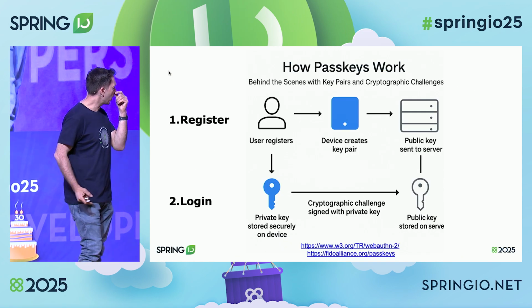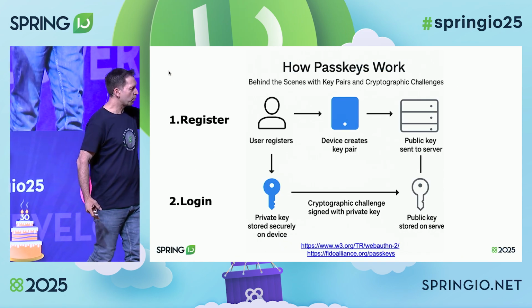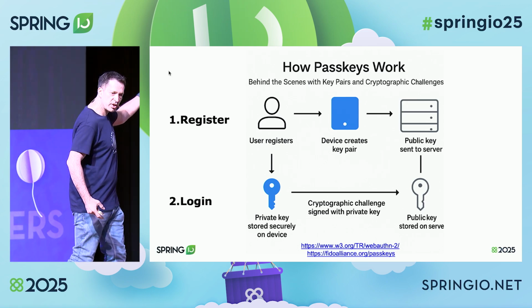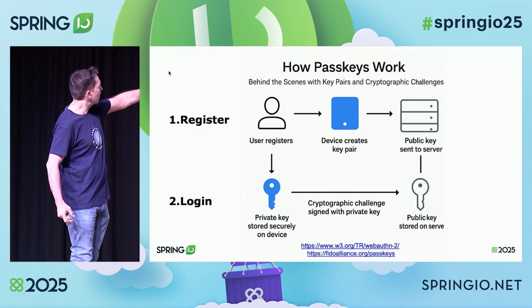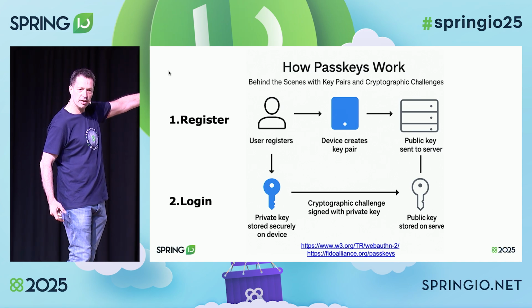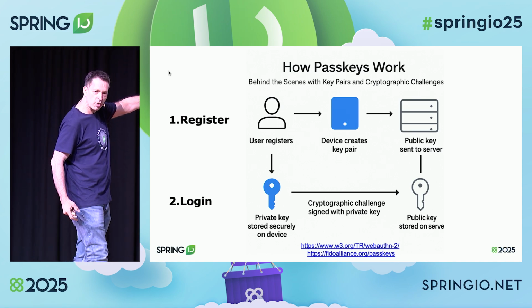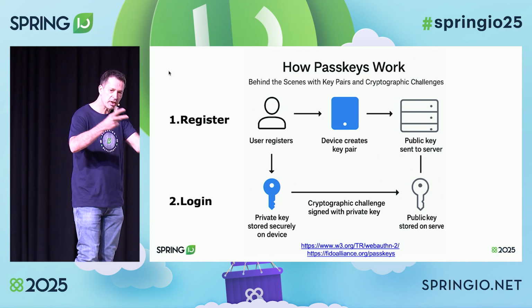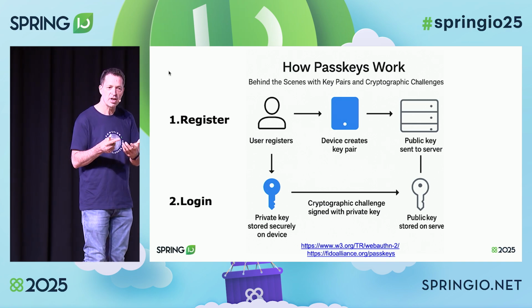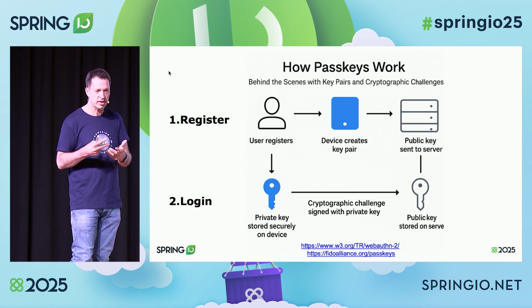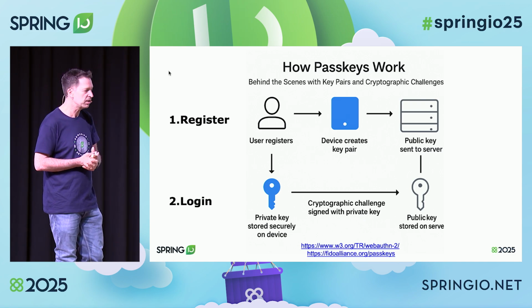How do Passkeys work? You have two flows to follow. You first have to register yourself a passkey. This creates a key pair in a safe place. You have to have a hardware device, like on your iPhone, you have some hardware part inside that safely stores the private key.